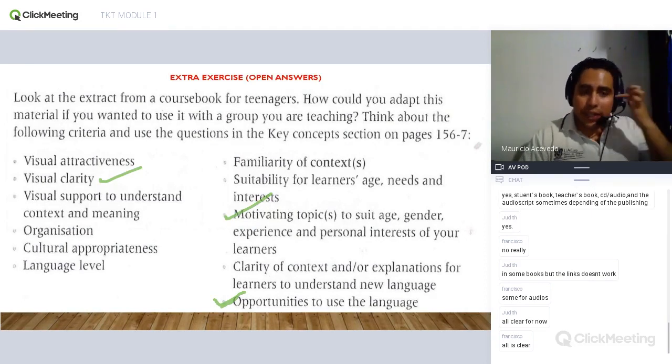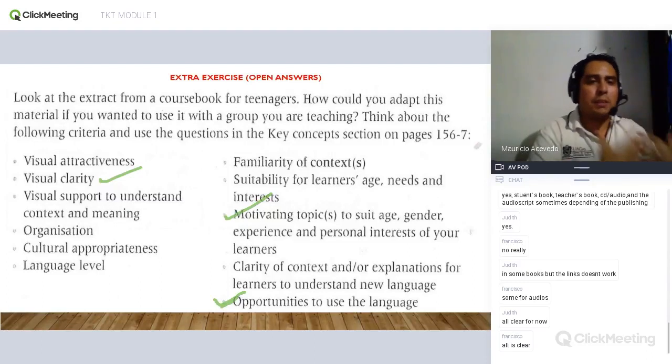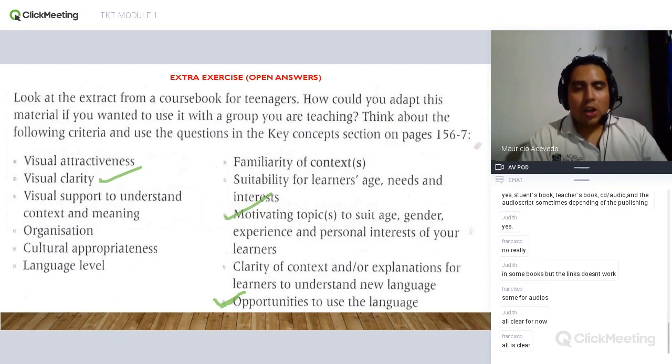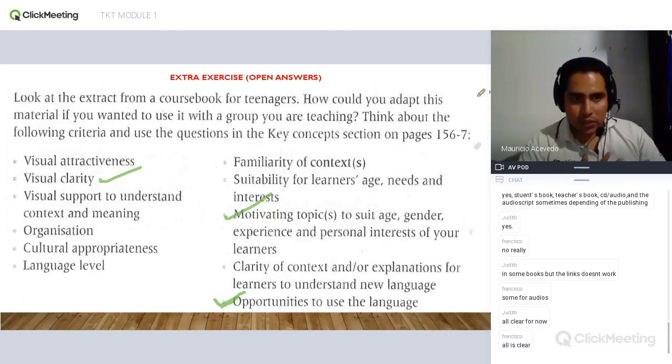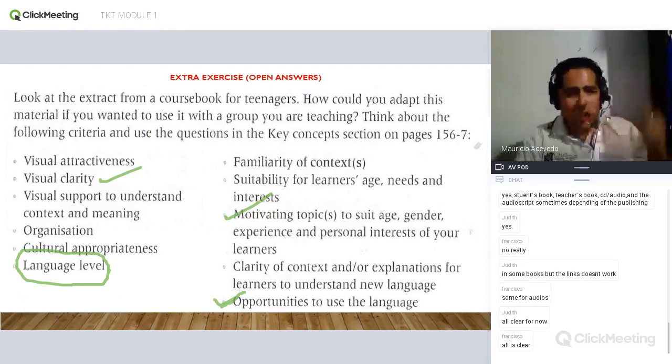Okay, in my case, for example, I'm going to talk about verbs in the contrast between simple past and past continuous. The book is for students of secondary, but I have preparatory students. So what I need to adapt is the language level because it's too basic. In my case, they have sentences in which they need to fill the gaps with the correct verb.